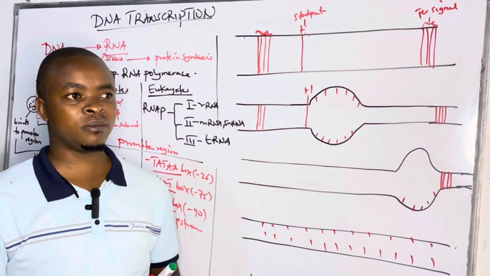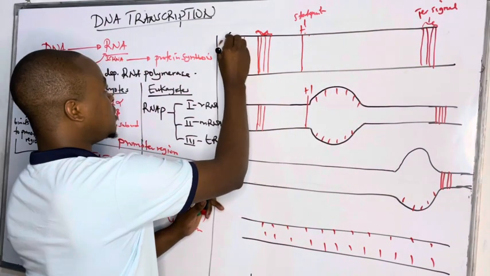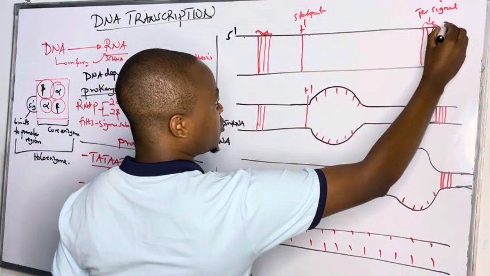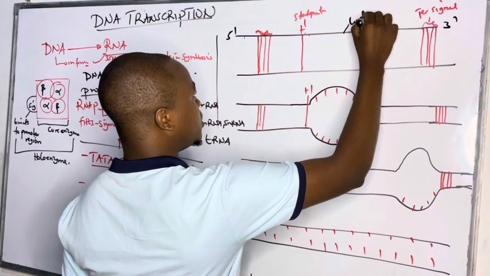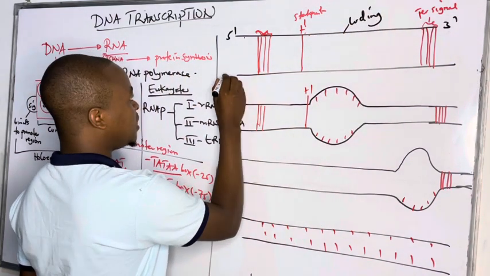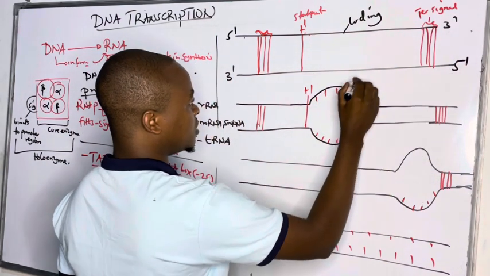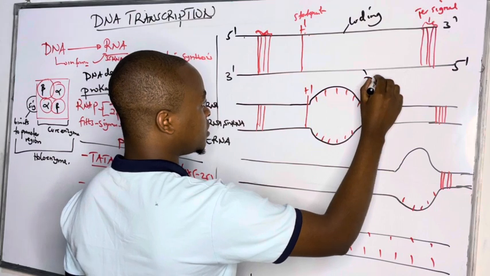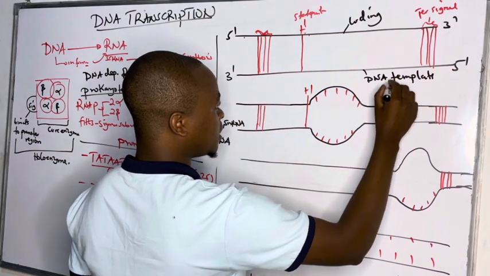This DNA has what we call the sense strand from 5' end to 3' end, which we call the coding strand. It also has the DNA template, which is from 3' end to 5' end. This is the template strand, which you can also call the antisense.